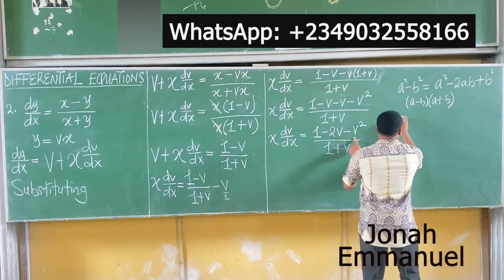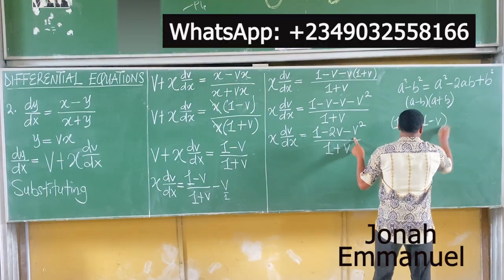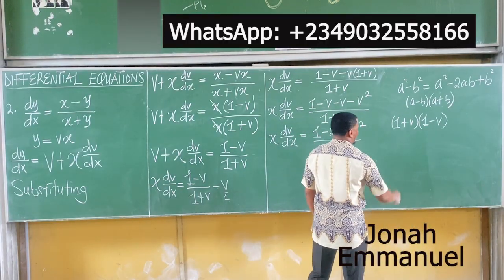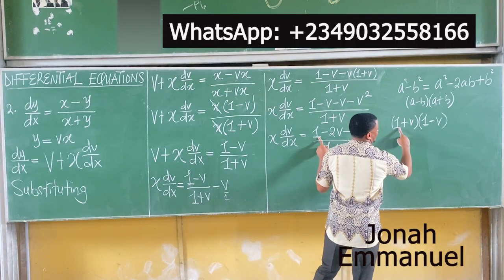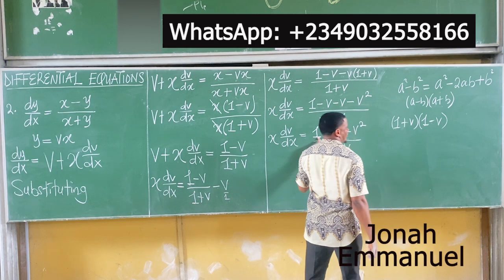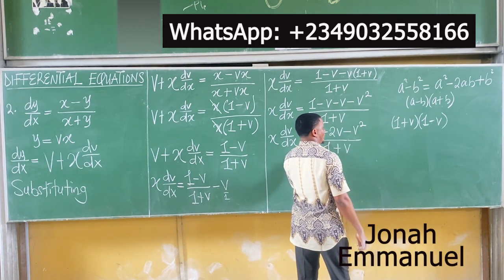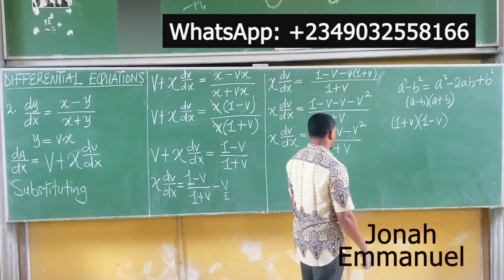If you take 1 plus v to multiply 1 minus v, do we have this? 1 times 1 is 1. 1 times minus v, plus... no, it doesn't work. So this is not a difference of two squares. Nope, it does not work.